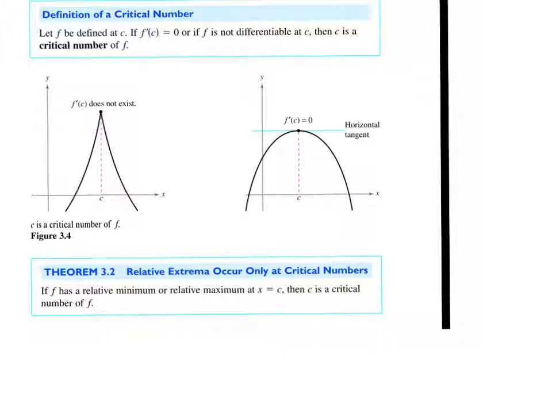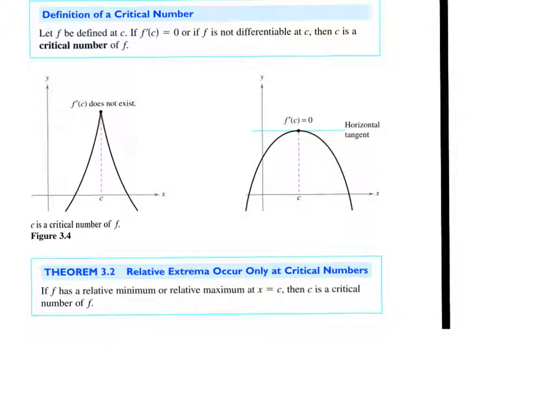This is really important because if a derivative does not exist at a certain point, it could be either a maximum or a minimum, like we see in this first picture. Also, if the derivative equals 0, it could be a maximum or a minimum. It doesn't necessarily have to be, but it could be. That's why we want to recognize where the derivative either equals 0 or is undefined.